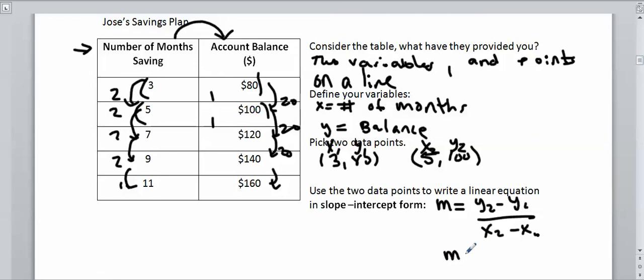Right, so my slope in this case, my y2 is 100, y1 is 80, x2 is 5, x1 is 3. Okay, so I end up with 100 minus 80, which is 20, and 5 minus 3, which is 2. So equal to 20 divided by 2, which is 10. Alright, so let's go down a little bit.